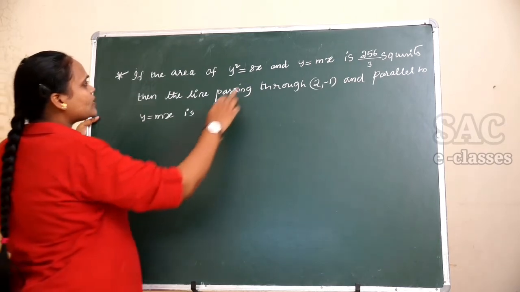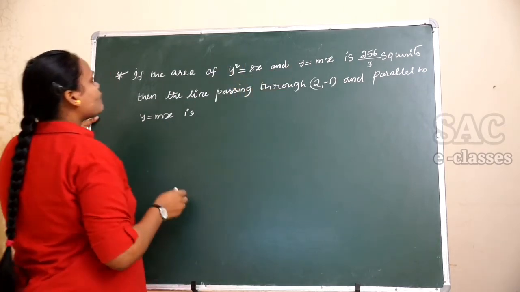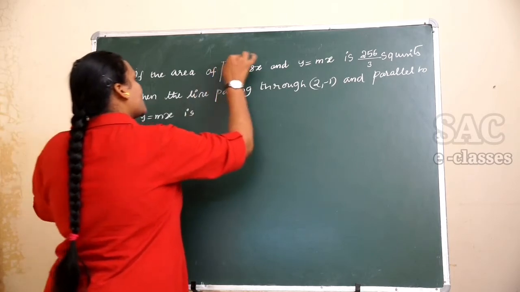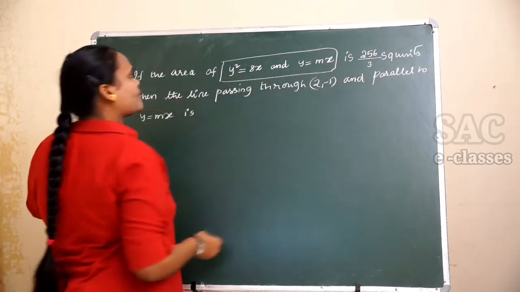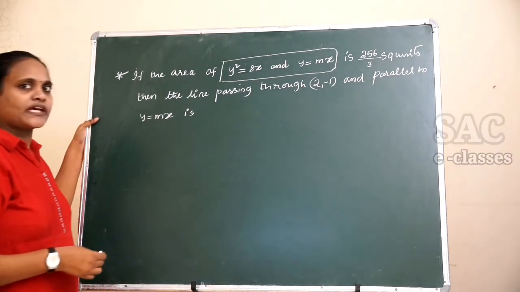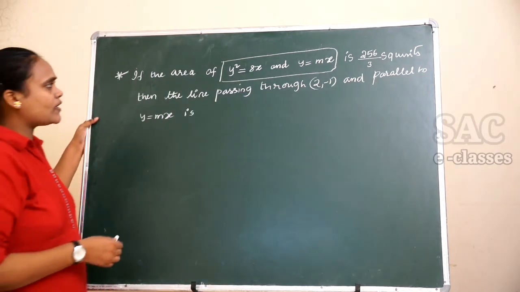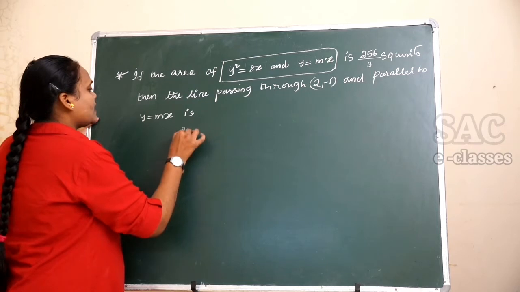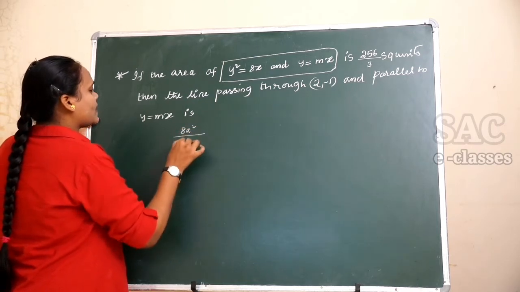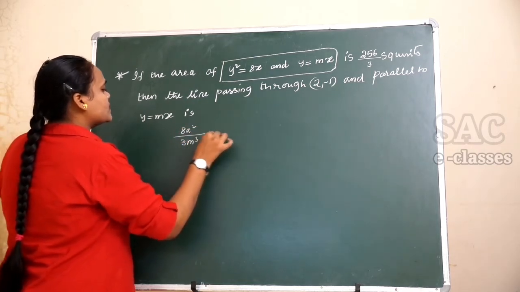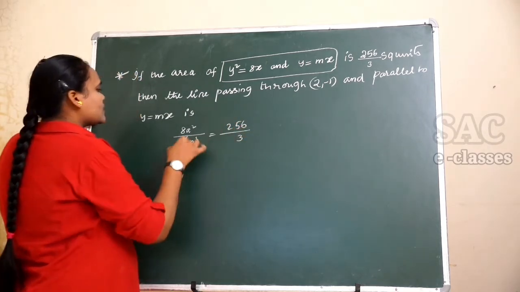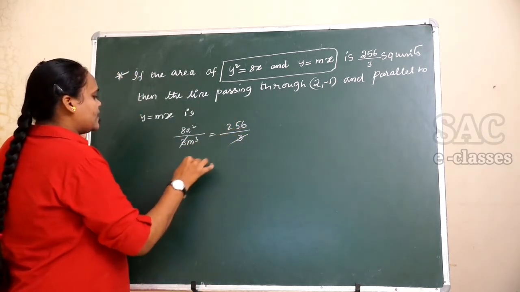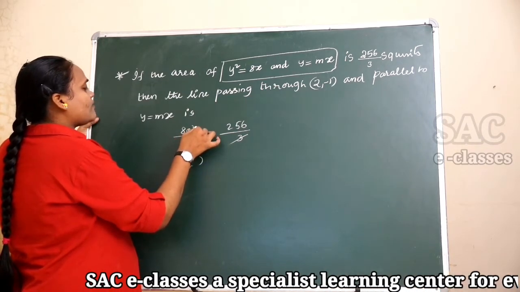We know that the area bounded by the parabola y² = 4ax and a line y = mx is 8a² by 3m³, which is equal to 256 by 3. The 3s get cancelled.